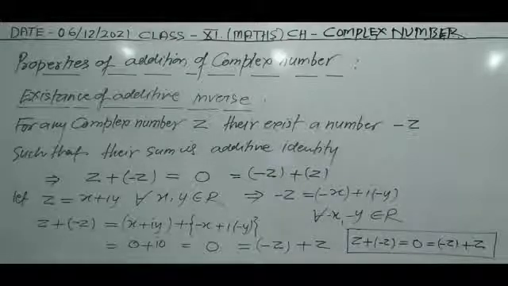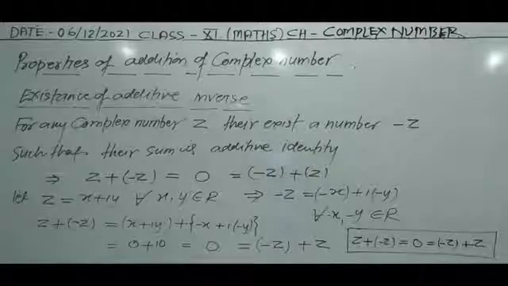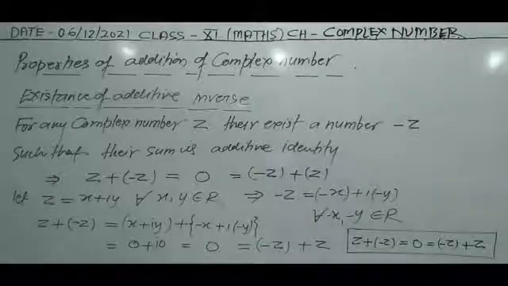Now see, this minus z denotes the negative of the complex number. When you change the sign of the real and imaginary parts, the complex number becomes negative with sign, and this is also known as the negative of a complex number.